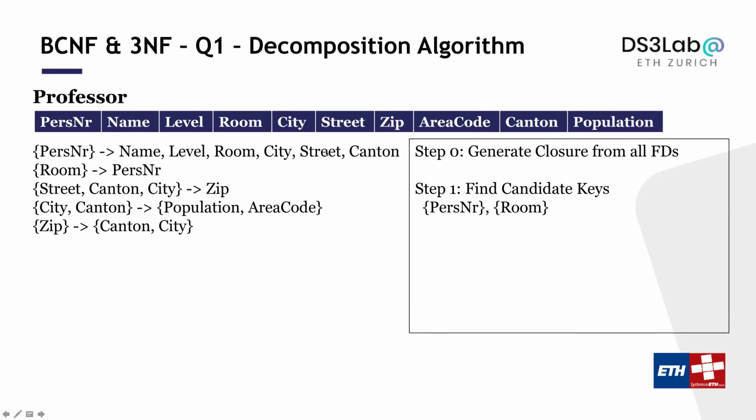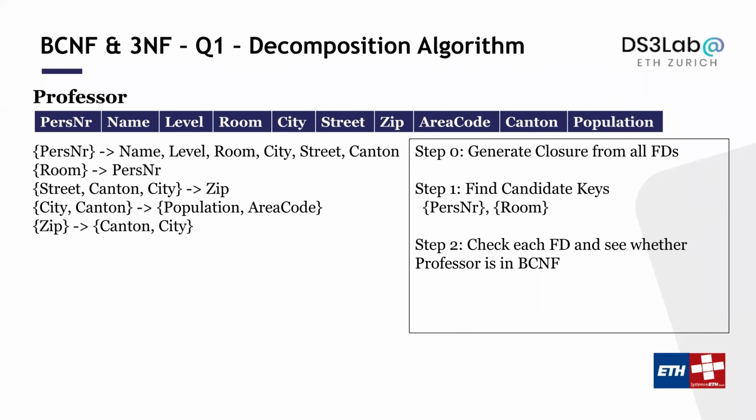If you take city, street, canton, you can decide the zip code. As long as I know personnel number, I can decide all the other attributes. So personnel number is a key. And also if I know the room, I know the personnel number, which means that room itself is also a key. So there are 2 candidate keys in the system: one is personnel number, another is room.